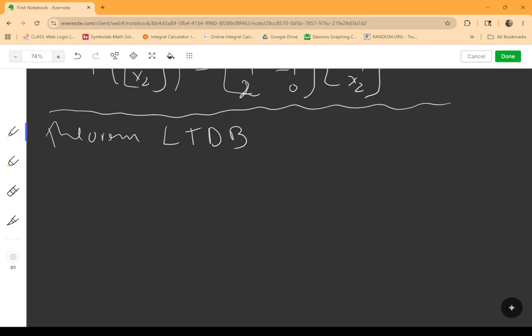So this is a linear transformation defined on a basis. So let's say that B is u1 through un, a basis for U, and v1 through vn are any vectors in V.